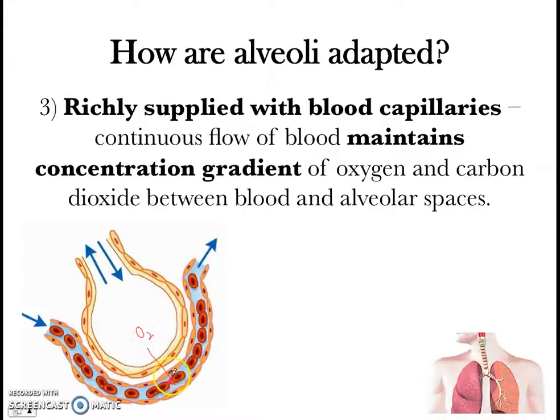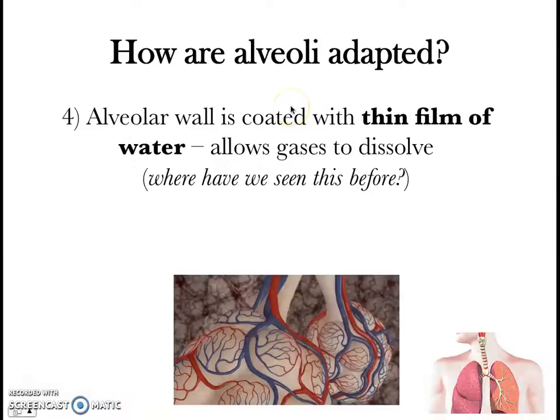And once oxygen moves to the blood, this blood that becomes oxygenated will again be moved along to the heart. So there's a continuous flow of blood, and that maintains the concentration gradient between the blood and the alveolar space.